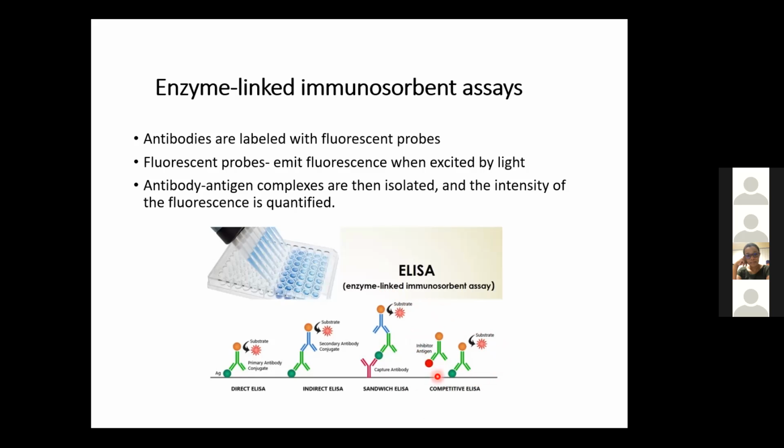In your competitive ELISA, the principle is that you're adding an inhibitor antigen, and that will cause competition for the target region or antibody binding sites on your monoclonal antibodies, and you quantify that. So if you've got more of your inhibitor binding, it tells you that you have less of your target antigen.